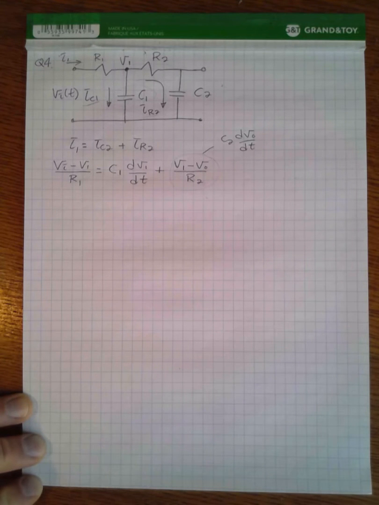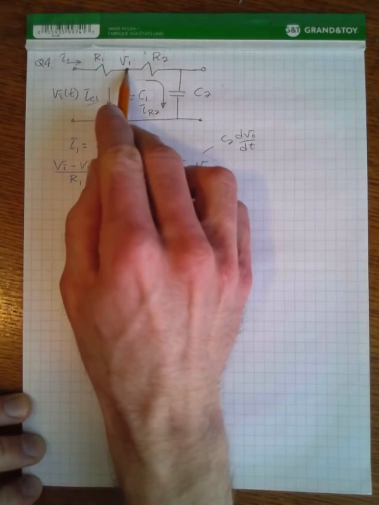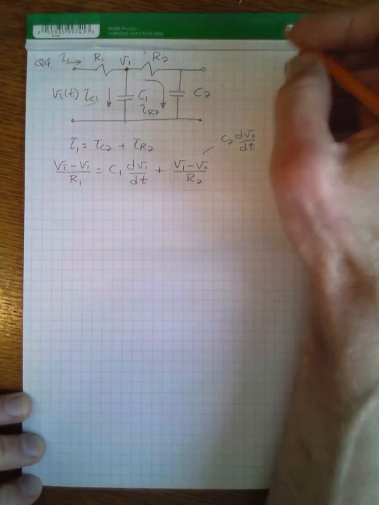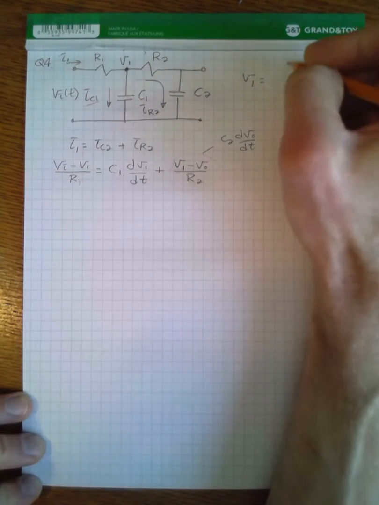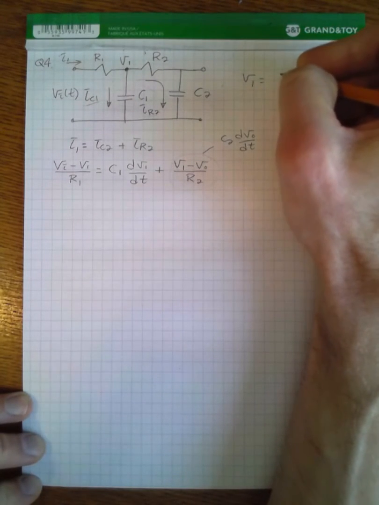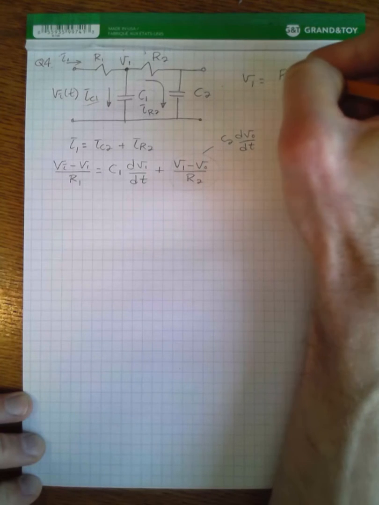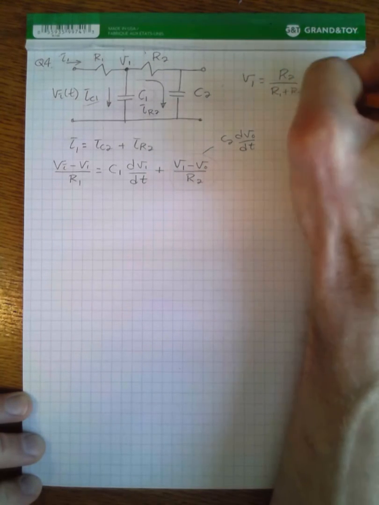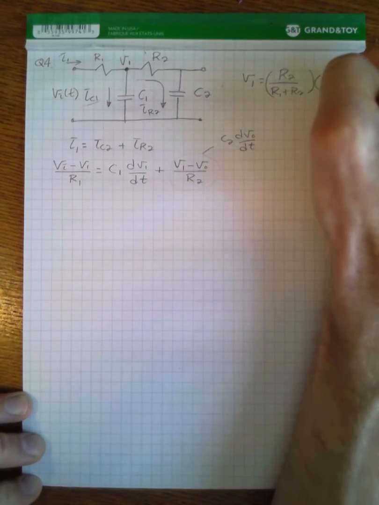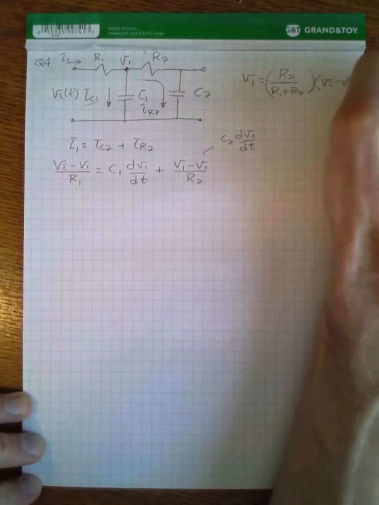A few people also recognized that this was an intermediate voltage, but they said that V1 was equal to R2 over (R1 plus R2) times (V in minus V out).